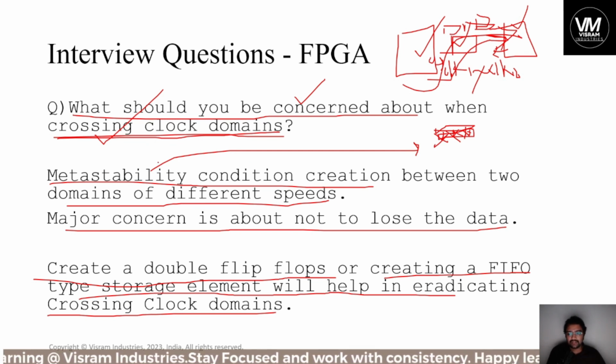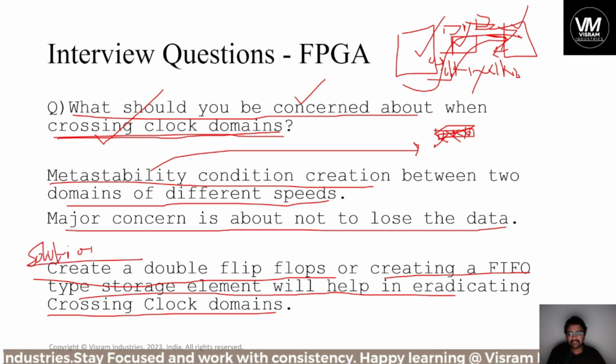So this is the solution, guys. Remember, you need to answer this solution as well to give a better understanding of how well you know the subject and how well you have the experience.